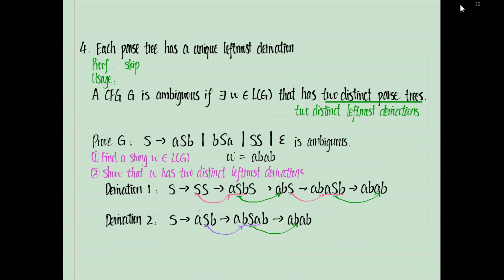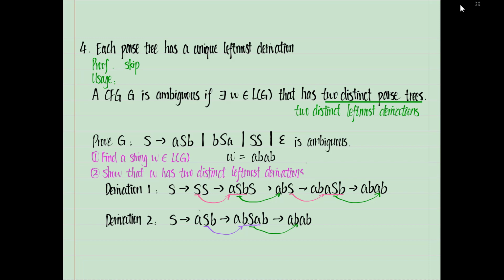We talked about parse trees and the leftmost derivations. They are related. Each parse tree has a unique leftmost derivation. We will skip the proof of this property, but use it to prove a context-free grammar is ambiguous.